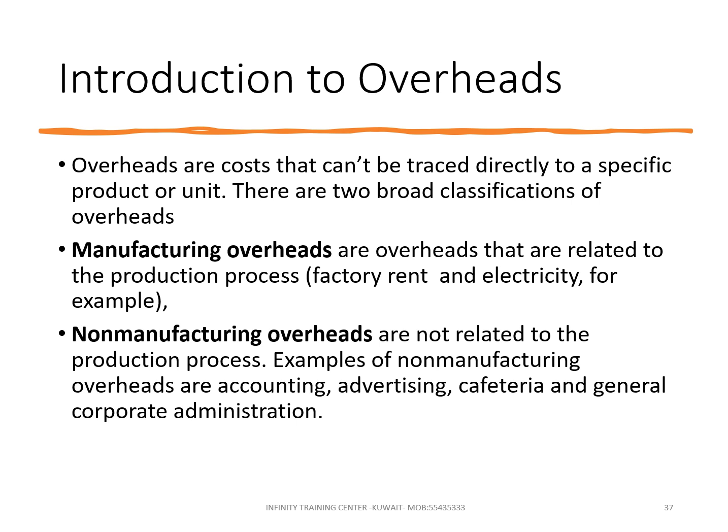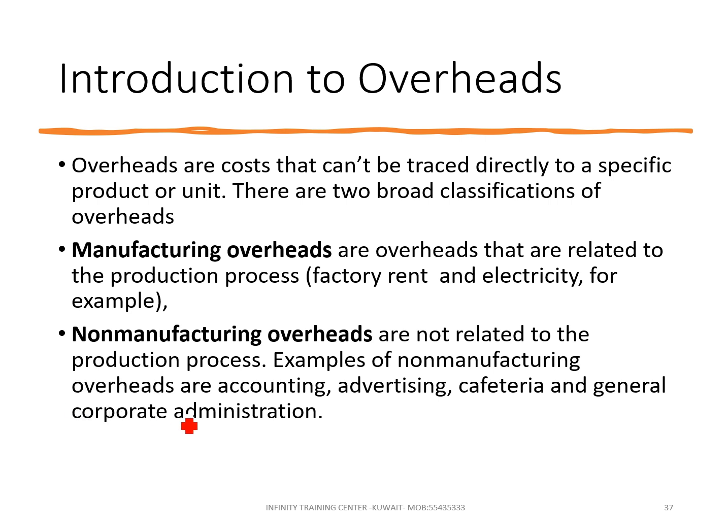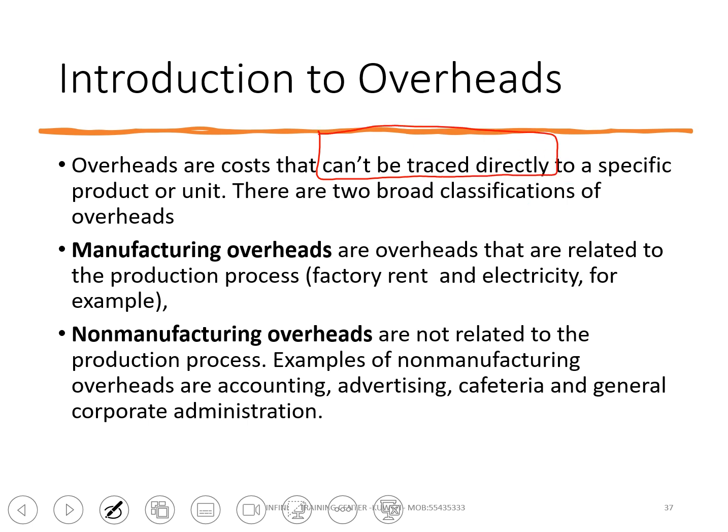So we know what is overhead. We already discussed overheads earlier. So overhead cost is the cost that can't be traced directly to a specific product. For example, factory rent or salary for the supervisor, all this cost we cannot directly trace to the product.